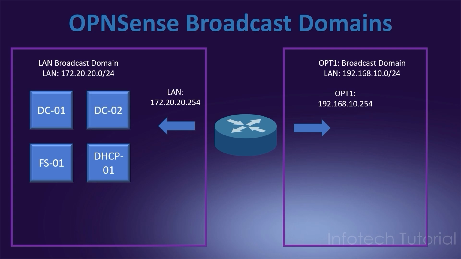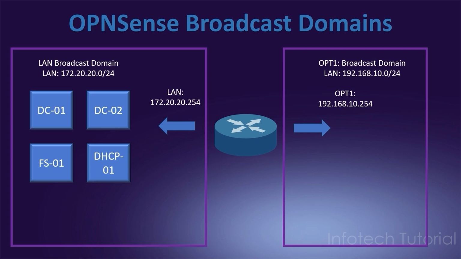And this is why. Every network is its own broadcast domain, meaning that a broadcast message, like the DHCP discover message, will only be delivered to computers within that network. So if we take a look at our network, OPNSense has two broadcast domains, the 172.20.20.0 network and the 192.168.10.0 network.